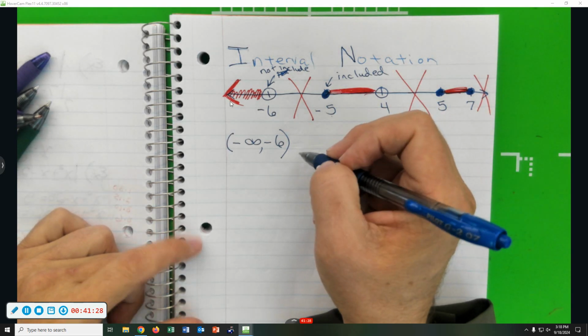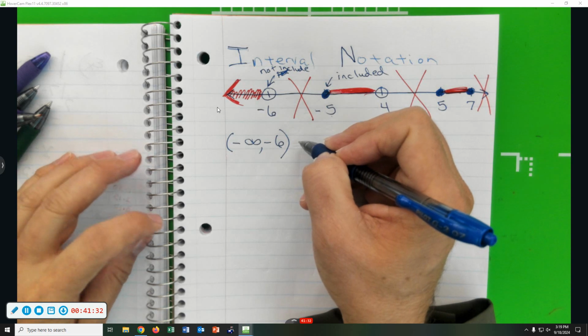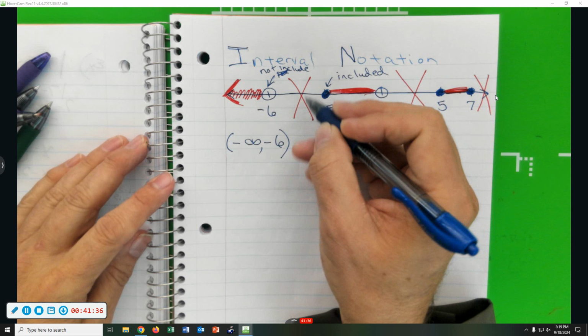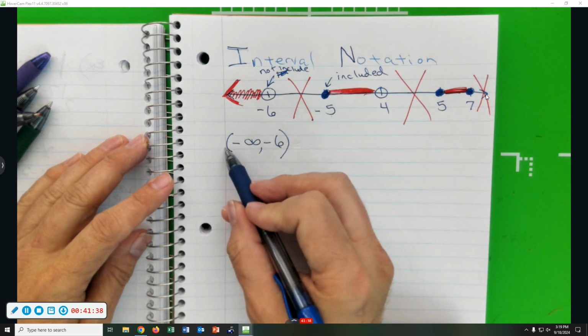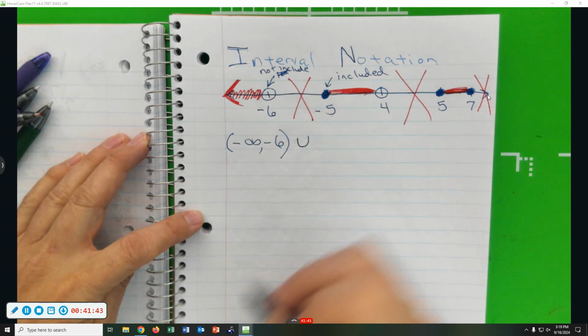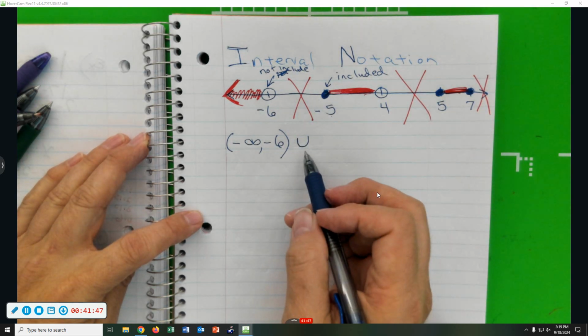It wouldn't make sense to talk about including that arrow. I like to label this arrowhead over here on the left negative infinity. Then we're going to another interval. We put a stylized U. That's a union symbol that you'll find on the toolbar when you're typing these things up.